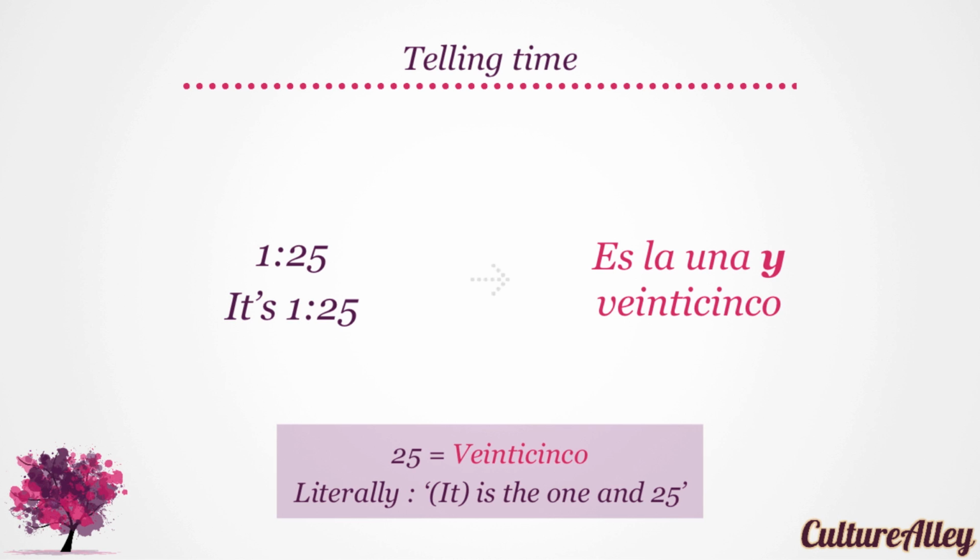Next is 1:25. It's 1:25 is translated as es la 1 y 25. Say that. Es la 1 y veinticinco, where 25 translates to veinticinco. Note that es la 1 y veinticinco literally means "is the 1 and 25."